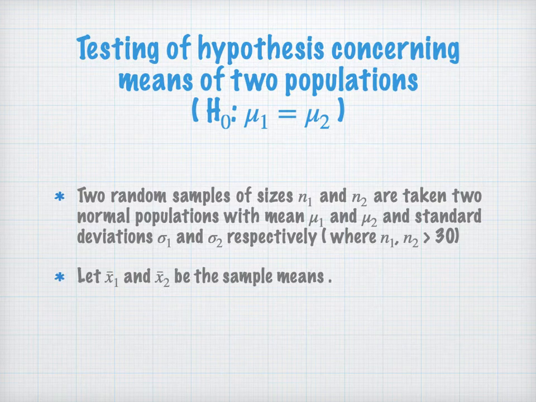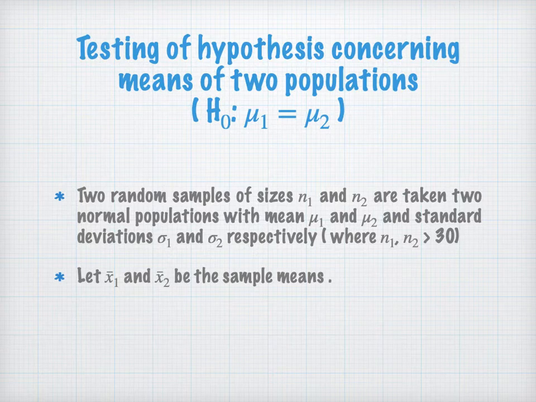Based on these random samples, we can compute their sample means, denoted by x1 bar and x2 bar. In this testing procedure, we have to take a decision about the population, but based on the sample alone.